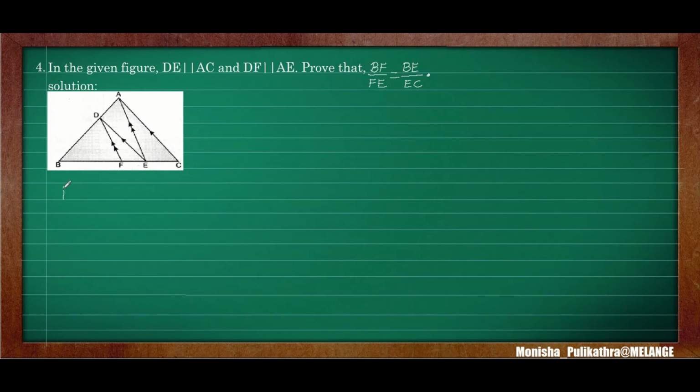The first one, I will separate into one triangle, that is triangle ABE. In triangle ABE, DF is parallel to AE. So I will be separating that triangle now.